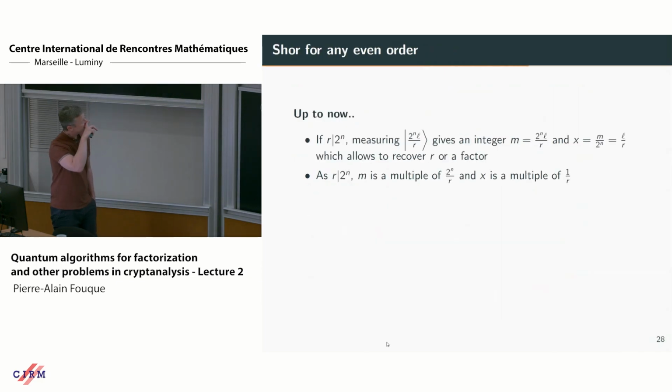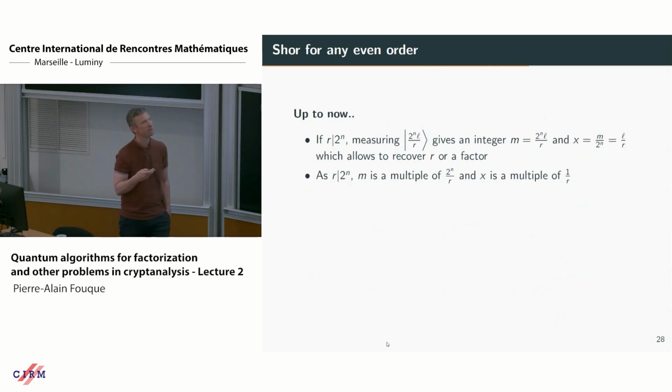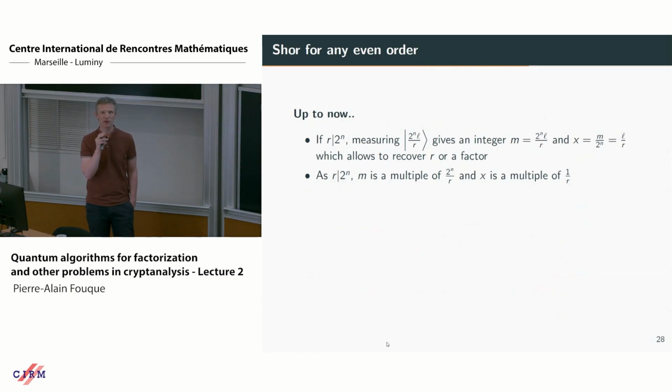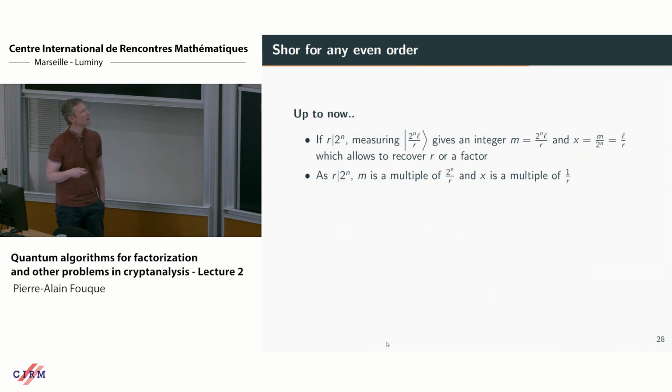So now, I explain you that we are able to compute, in fact, the order when the order divides 2 to the n. Okay, but it's a very unlikely event, and so I have to explain you how we can do this in general.